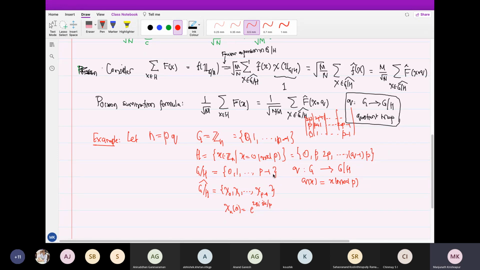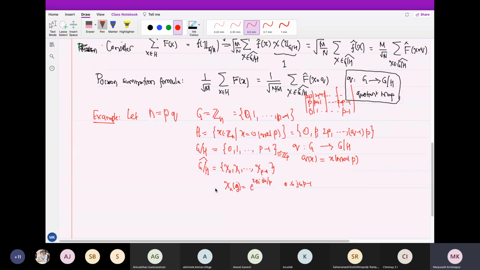This is isomorphic to Z mod p, for 0 less than or equal to j less than or equal to p minus 1. These are the characters.